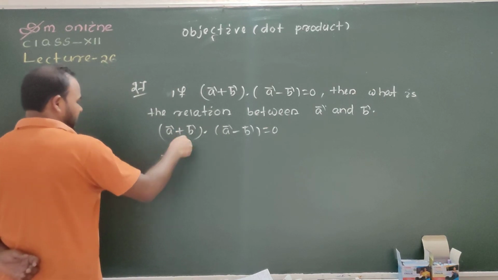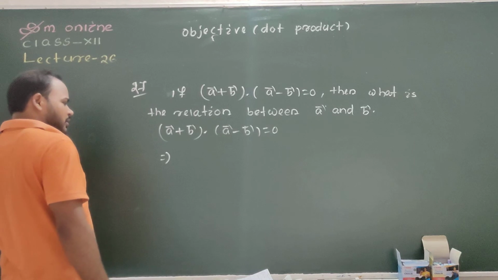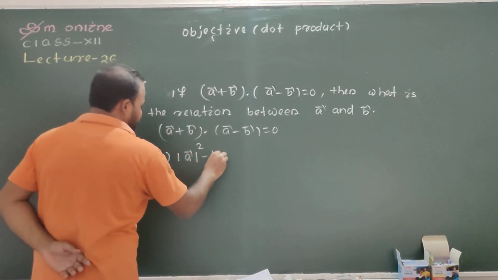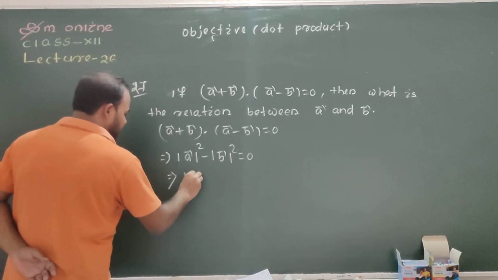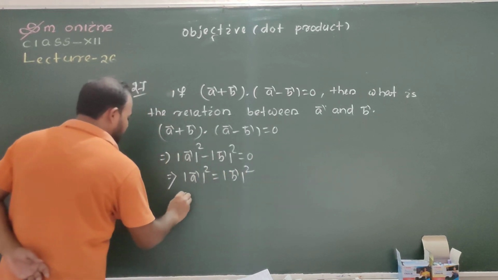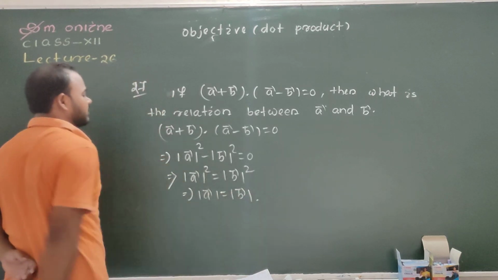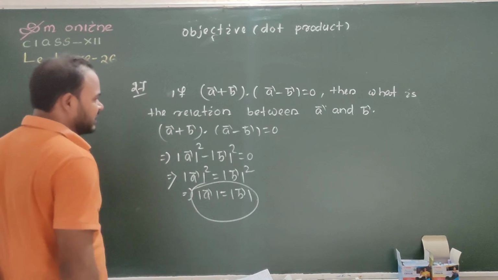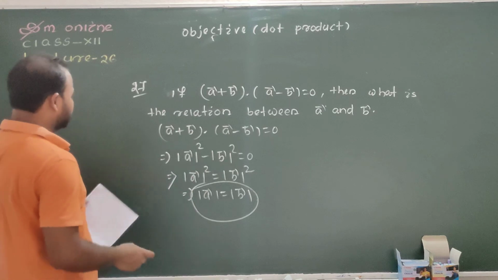That implies, since dot product is distributive over vector addition, we get vector a square minus vector b square equals 0. That implies magnitude of a square equals magnitude of b square, or magnitude of a equals magnitude of b. Okay, so this is the relationship. Their magnitudes are equal. Okay, now come to question number 28.